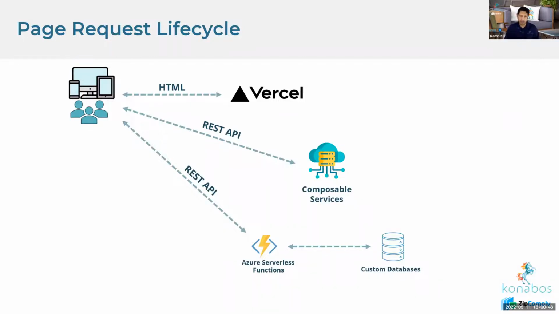Then anything else that needs to be added, you layer on top. So if you need to call some composable services to get more data for that user, you use the JavaScript part to call the APIs, and then supplement the content on the page. And you can equally call Azure or whatever serverless functions in order to provide more customized responses.